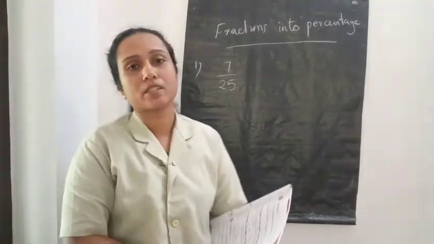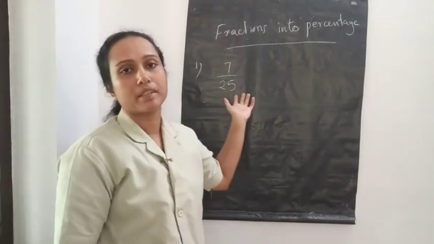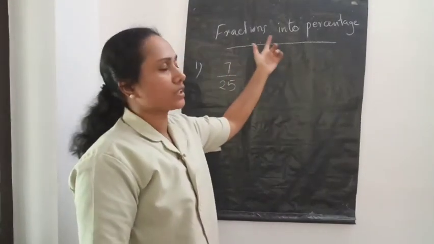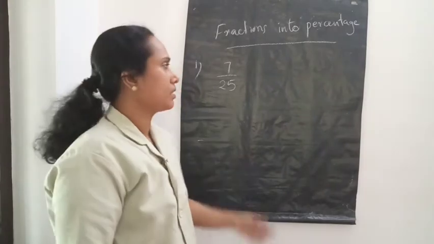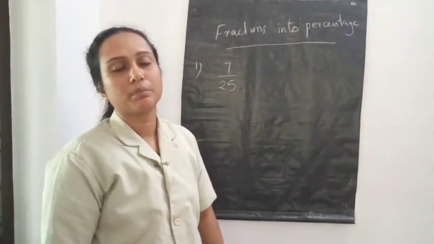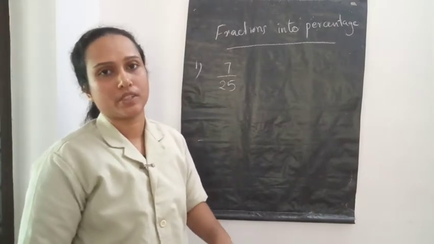Conversion of fractions into percentage. The question is 7 by 25. To convert a fraction into a percentage, we multiply this fraction by 100 and put the symbol of percentage.